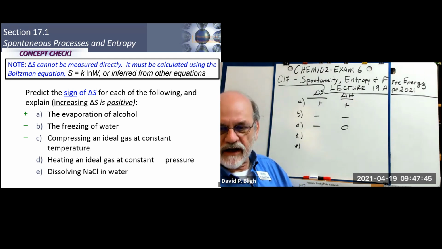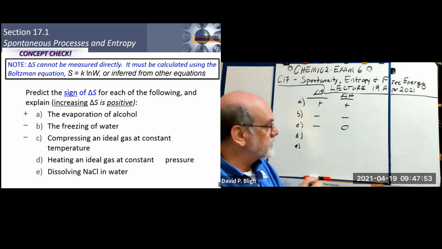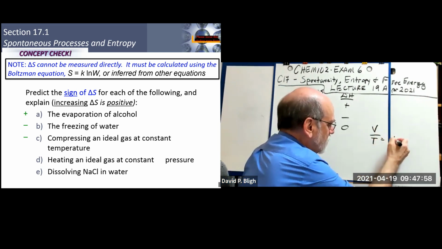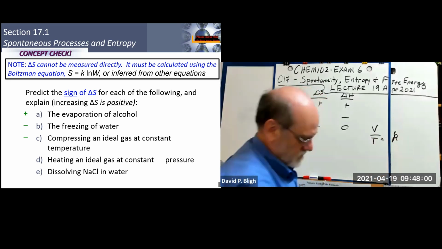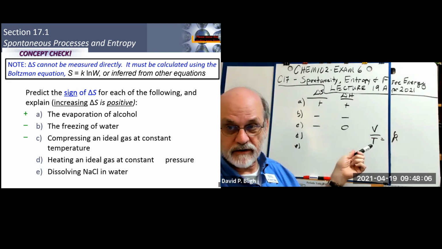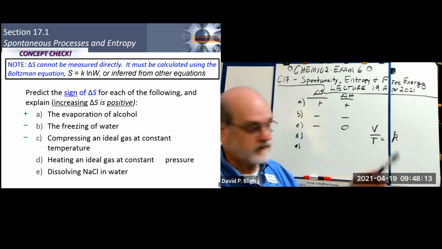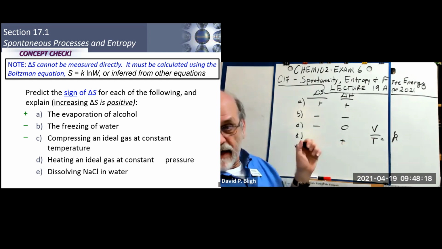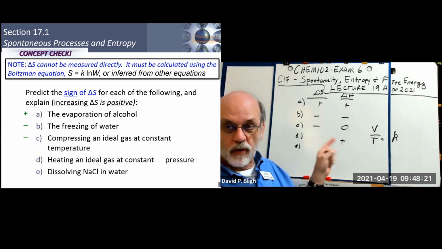Heating an ideal gas at constant pressure. So we're going to heat the gas at constant pressure. Remember, with constant pressure, Charles' law: if you heat a gas at constant pressure, then the volume will increase. Okay, so if you increase the volume as you add energy, you're giving those molecules more microstates.